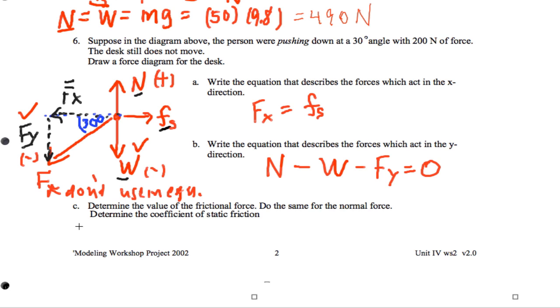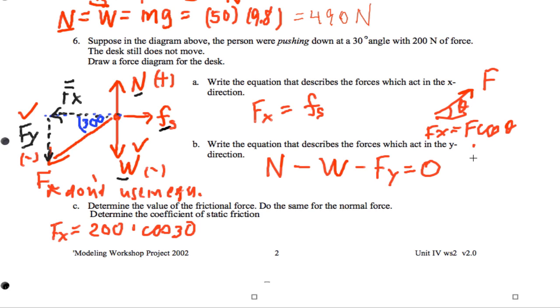Let's determine the value of the frictional force. So Fx is going to be 200 newtons, but now I have to times it by the cosine of 30, going back to that formula. If you remember, if we have F at an angle of theta, Fx is F cos theta, Fy is F sine theta.